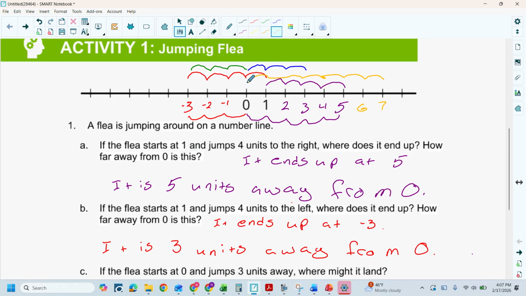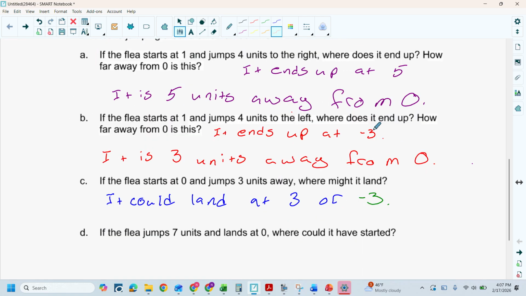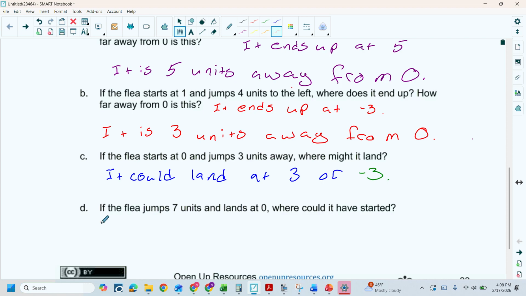But then if it had come from the other direction, -4, -5, and there we go. And so it could be at -7 or +7. So it could have started at either one.